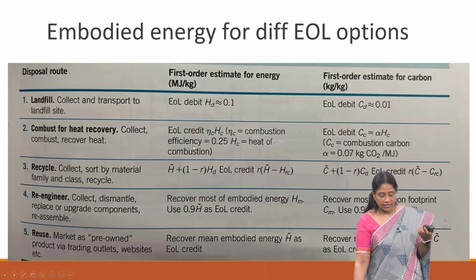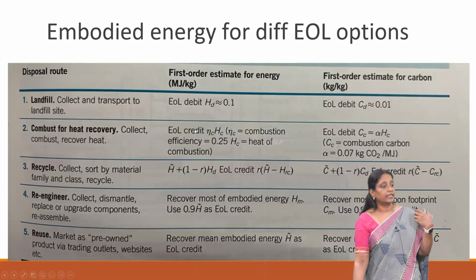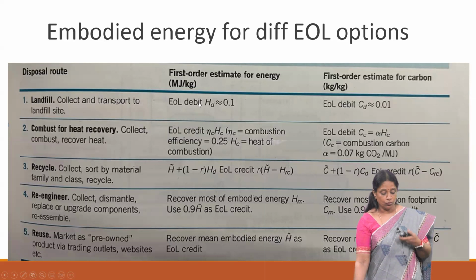Okay, so the efficiency, heat of combustion, everything goes into the picture, and you are able to recover some of the heat, yes, energy, right? So there is a credit at the end of the life. You're recovering something, right? Instead of this one, which is only a debit, you're incurring energy to do it.